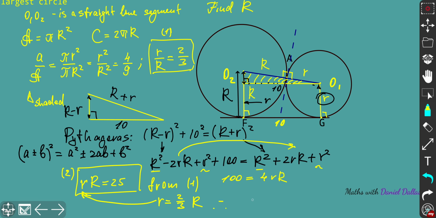We'll get the result: 2 over 3 R squared will be equal to 25. From there, taking the square root, R is going to be 5 times the square root of 3 over the square root of 2, because I multiply both parts by 3 over 2 and take the square root.